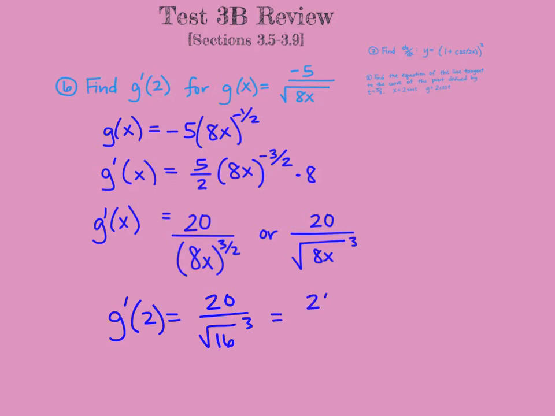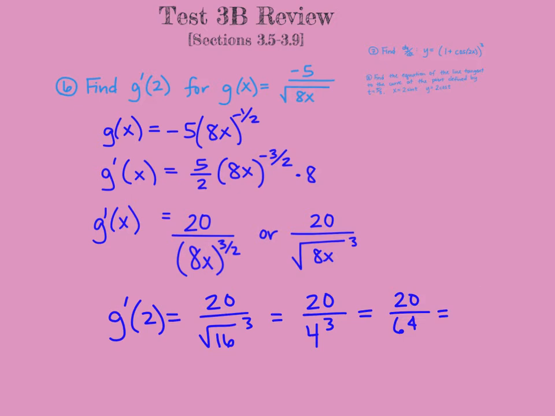So we'll have 20 over, the square root of 16 is 4, so it's 4 cubed. Again, you could do 16 cubed first and then take the square root, but I don't know what that is, so it's easier to do this mentally first. So 4 cubed is 64, so we have 20 over 64. That can be simplified because both of those are divisible by 4.